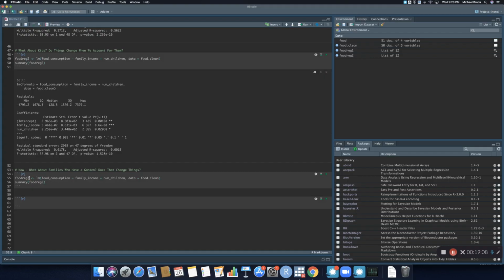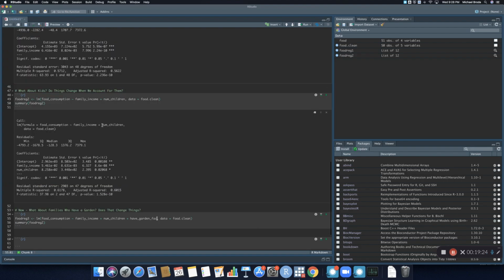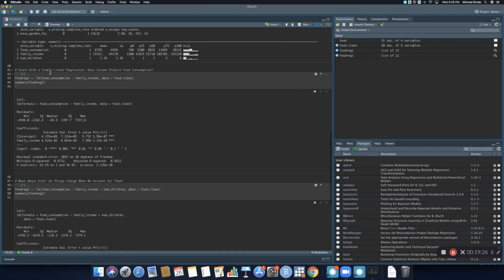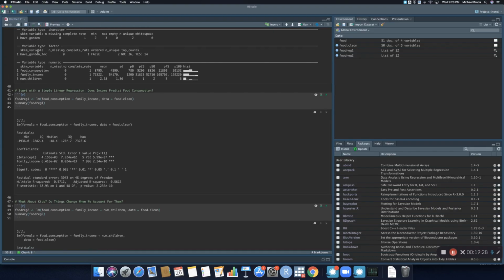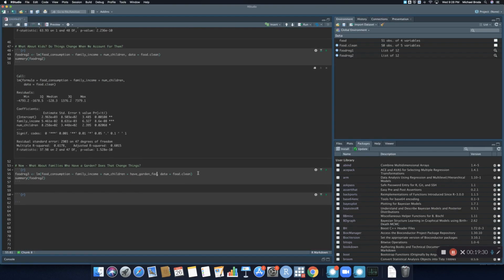And this is going to be food reg 3. And now I'm going to add in, I have food consumption, family income, number of children, plus have garden FAC, I think is what it's called. Right? Let me look at the top. Have garden FAC. Yep, that's the name of the variable.